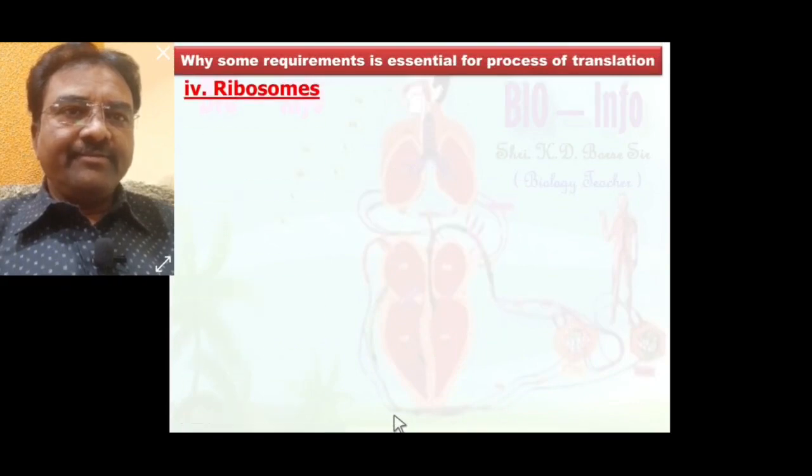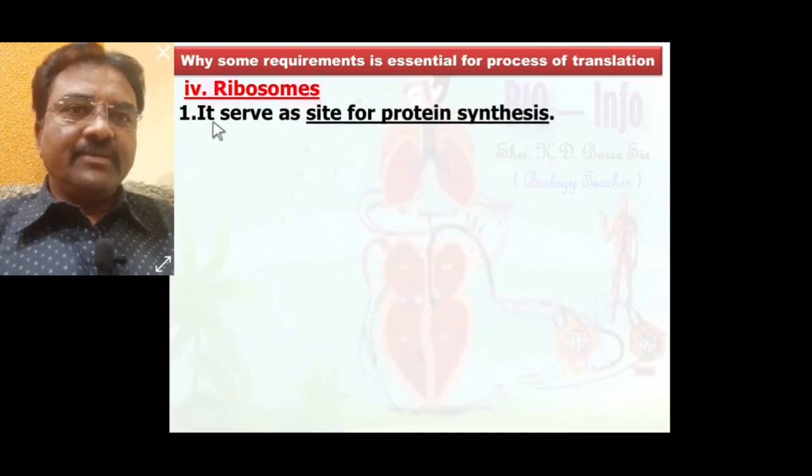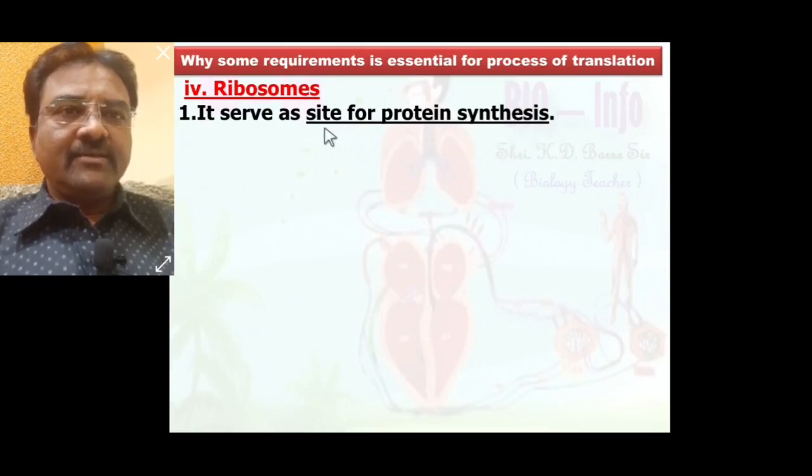Number four, ribosome is most important because the ribosome serves as the site for protein synthesis. So ribosomes are also called the protein synthesis factory of the cell.